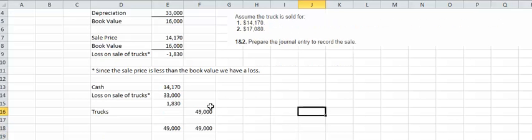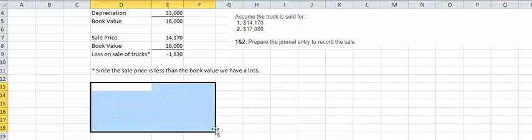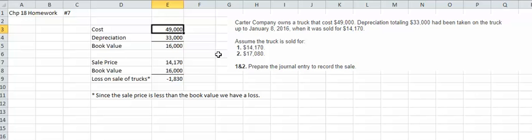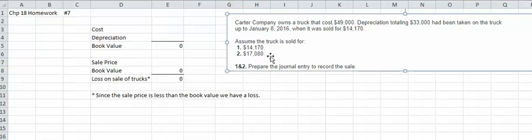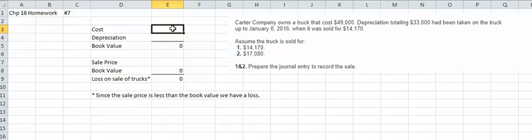So now let's get rid of this and delete these numbers. So now assume that number 2, we sold it for 17,080. So the cost is 49,000, 33,000, and this book value of 16,000.